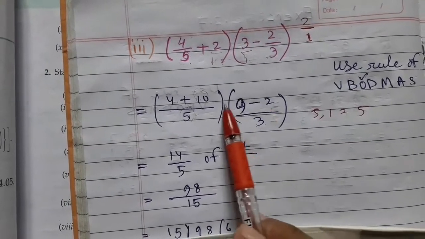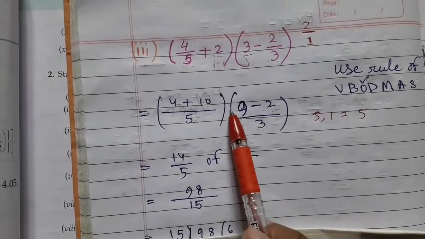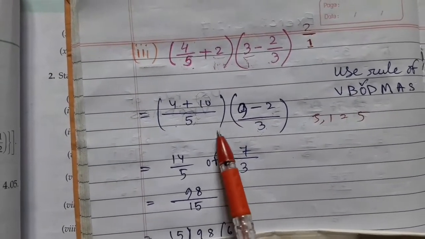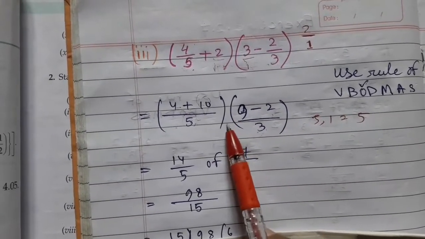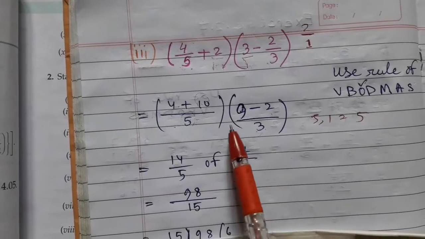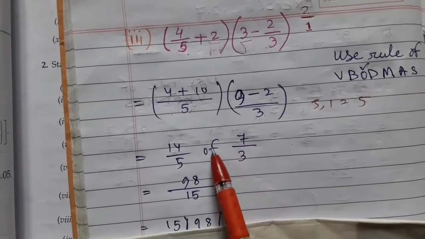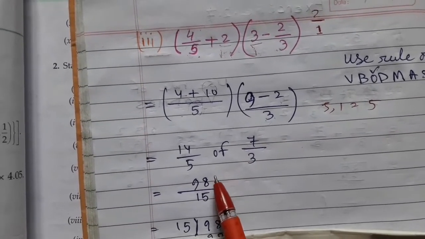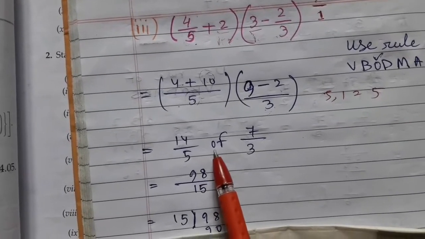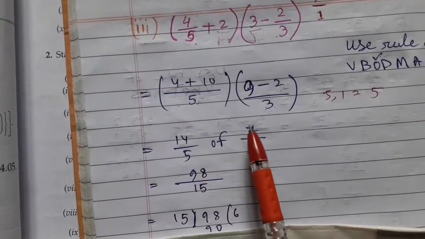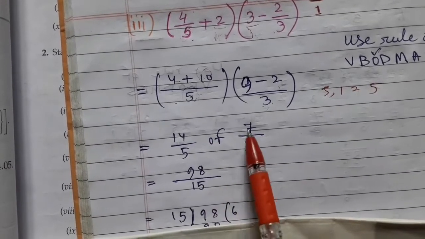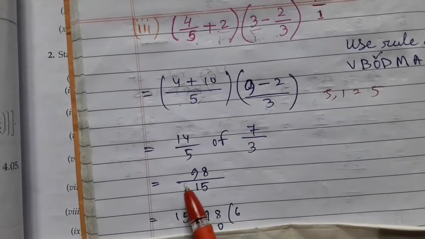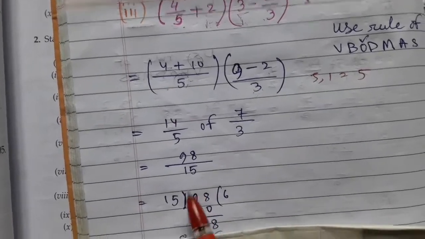We have a bracket, that means there is an of. Bracket, there is an of. Of means multiply. Don't write a multiply sign, only write of. Okay, clear? 7 4 is 28, carry 2, 7 1 is 7, 7 plus 2 is 9, 5 3 is 15.